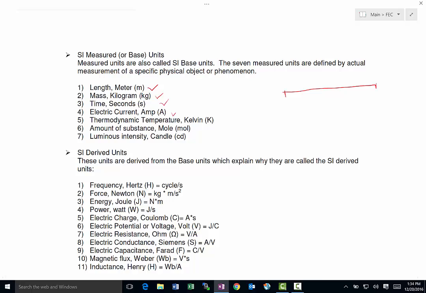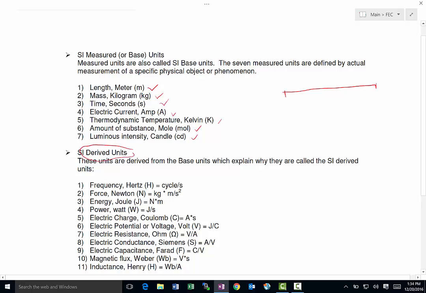Temperature is the same way: Kelvin is the standard, and that is again a predetermined number. Amount of substance, or moles, is another measurement, and luminous intensity, which is called the candela, is another measured unit.